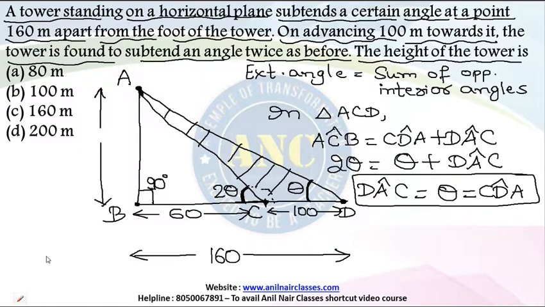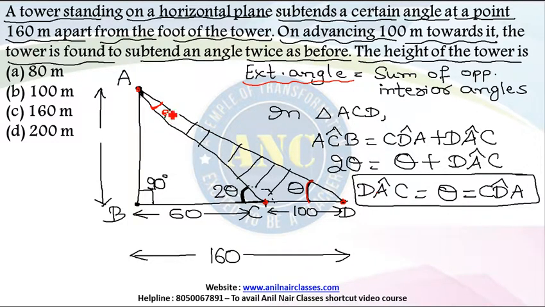That means angle DAC is also theta. I hope the angle finding is very clear to you. That is the reason I used this exterior angle property. What is the meaning of this angle being also theta?